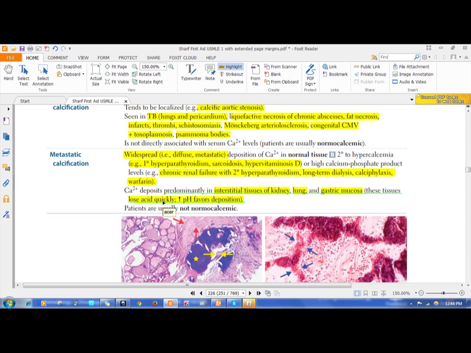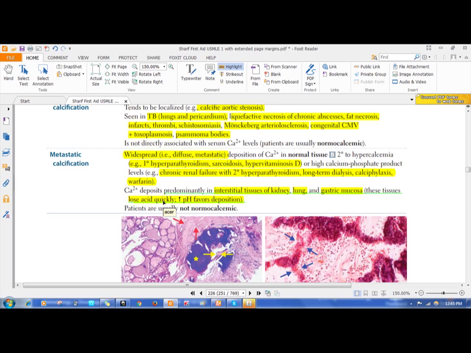Actually, that ties in with the concept of bone. If you can remember, osteoblastic activity is represented by alkaline phosphatase, right? Alkaline phosphatase. So whenever you have an alkaline environment in the bone, it helps the bone to actually deposit a lot of calcium. So alkaline environment favors the calcium deposition in bone. Same for tissues.